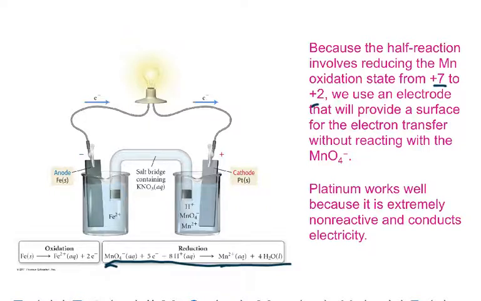So we have permanganate going to the manganese 2+ ion. But that doesn't involve a solid. And so we can use a platinum electrode as an inert electrode because it doesn't really react and it conducts electricity well.